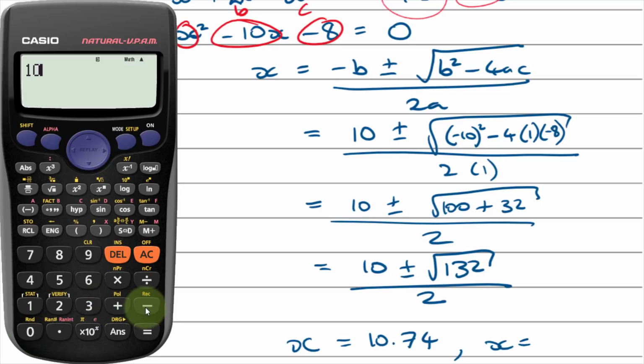So 10 minus the square root of 132 equals, divided by 2 equals, what's that then? Minus 0.74.